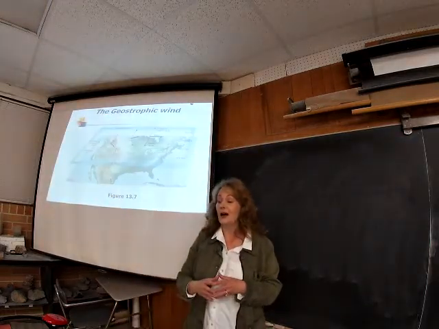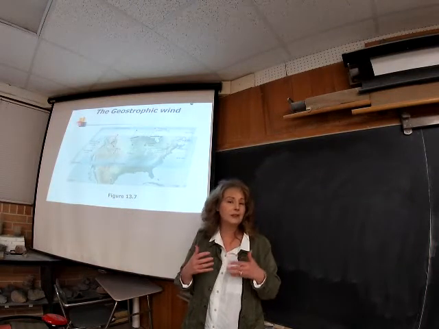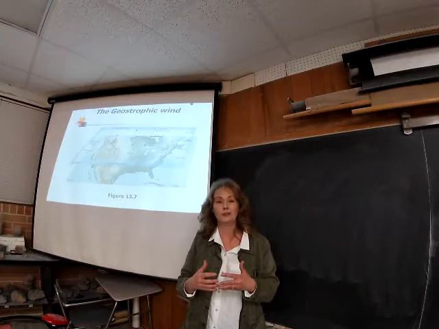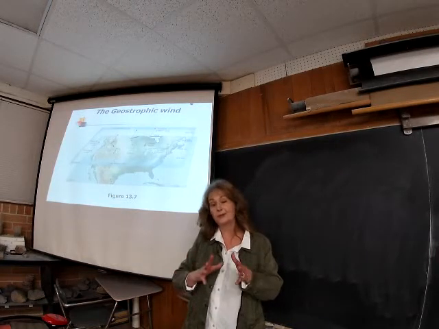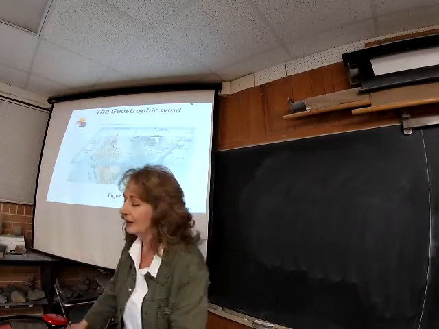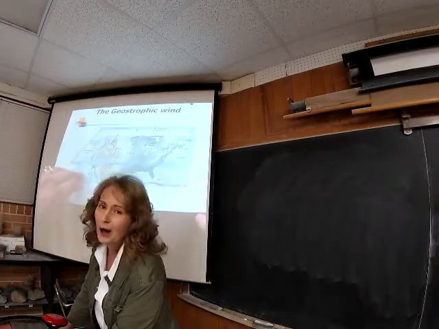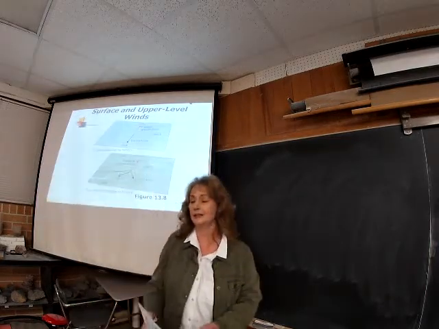Geostrophic wind. Winds are going to go parallel to the isobars, and it's really the resolution of those two vectors, horizontal pressure gradient force and Coriolis force, making the winds go parallel to your isobars. This is upper level winds, right?